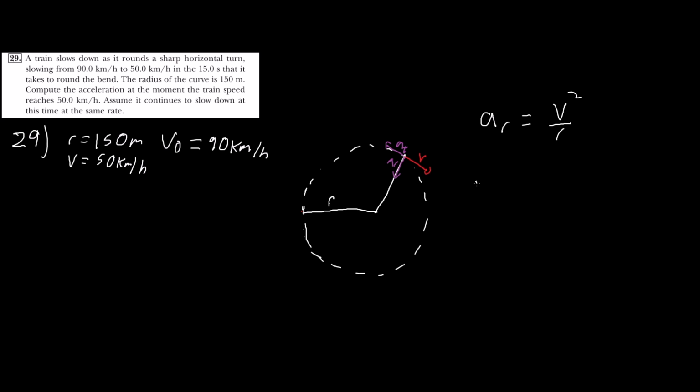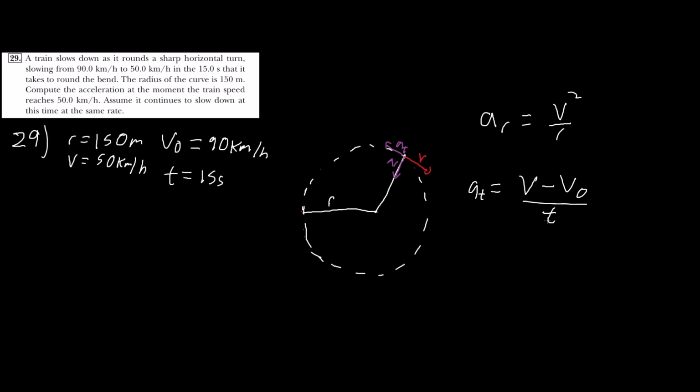So what's the A tangential component? A tangential is going to be the final velocity minus the initial velocity over the time interval it took, which in this case is 15 seconds. You could put t minus t naught, it doesn't really matter. That's it, folks. It's just plugging and chugging at this point.